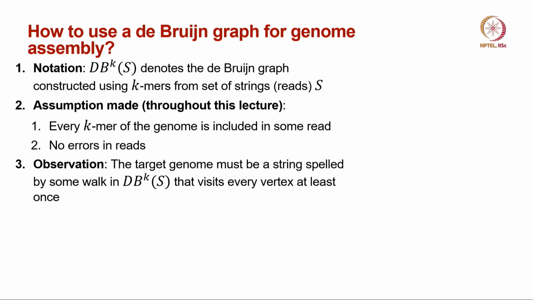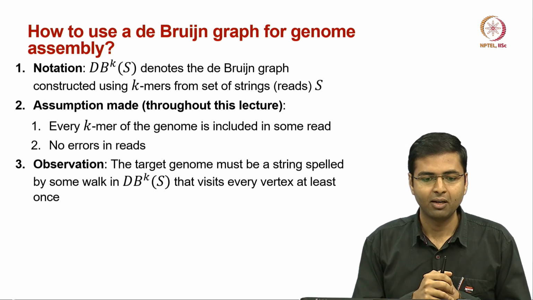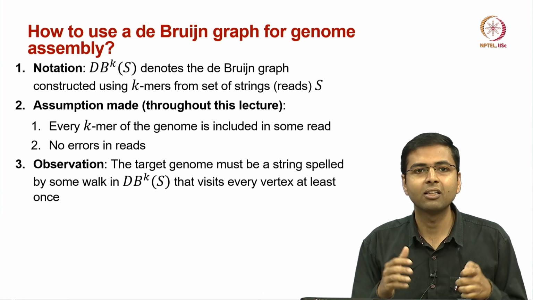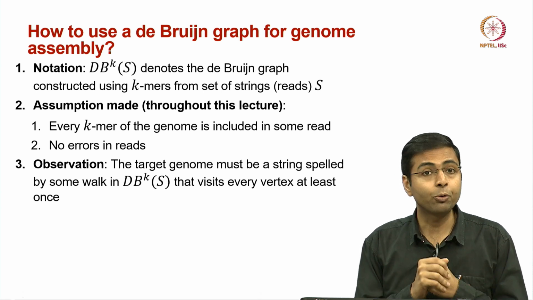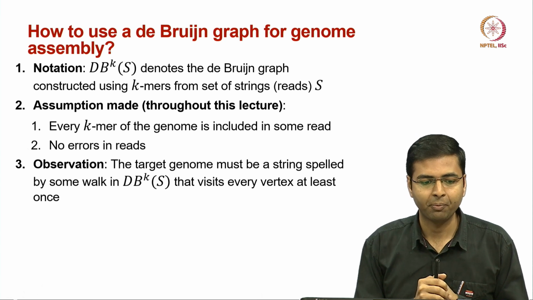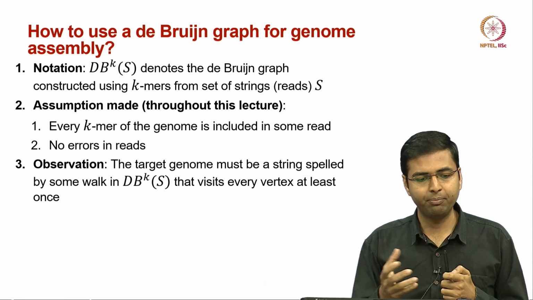Now, so far we have discussed the definition of de Bruijn graphs, but once we have constructed these de Bruijn graphs, the next question is how to use a de Bruijn graph for genome assembly. For this, let us use some basic notation.